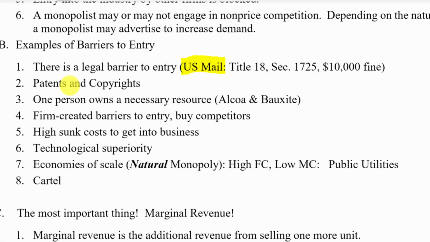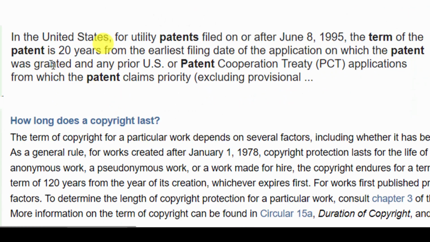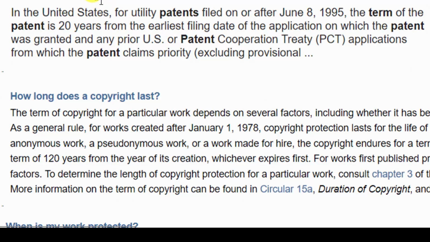So patents are for processes, patents are for drugs, patents are for other kinds of inventions. And the basic idea is a patent lasts 20 years in the United States. So there are different kinds of patents and there are some exceptions and some other rules, but the basic idea is for patents filed on or after 1995, the term of the patent is basically 20 years.